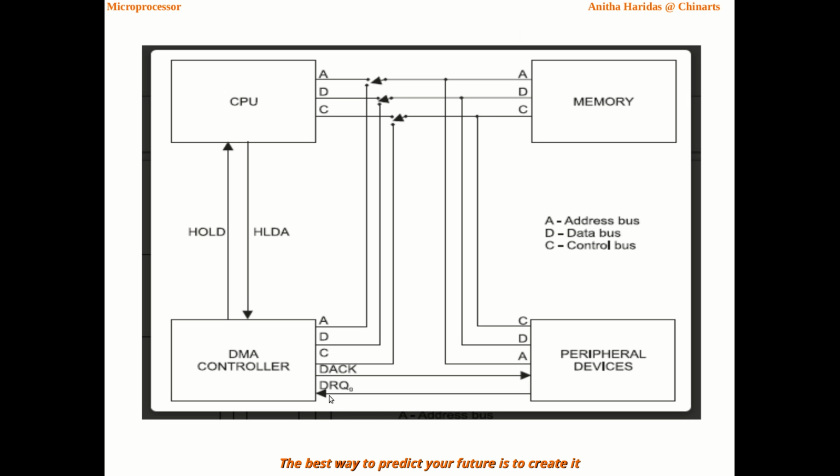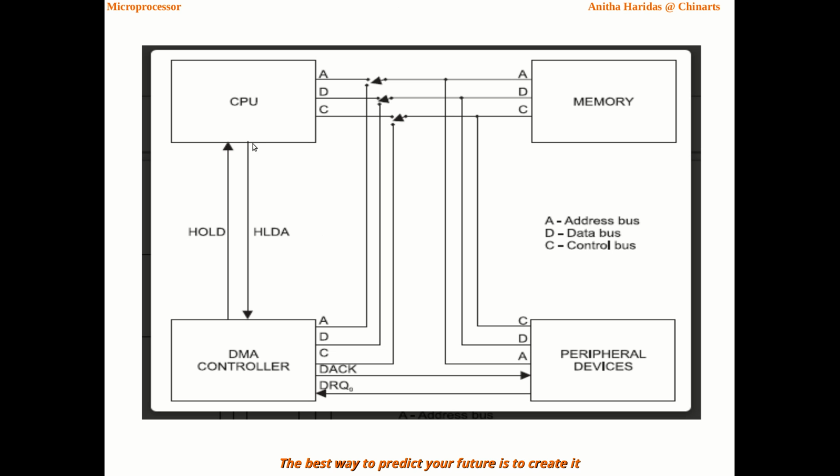The DMA request will be sent by the peripheral device, and the DMA controller will send the hold request to the CPU, and the CPU will release the address, data and control bus, so that the DMA controller now becomes the master of the system bus.